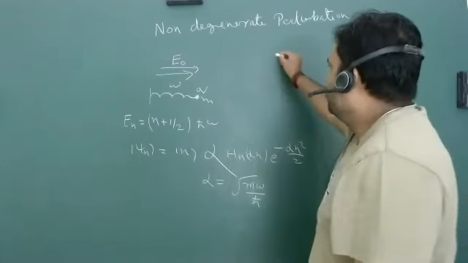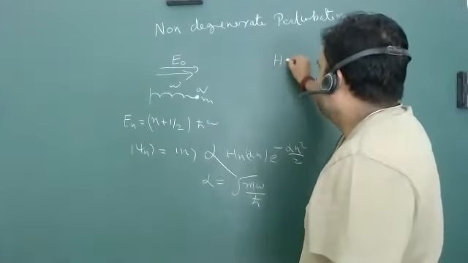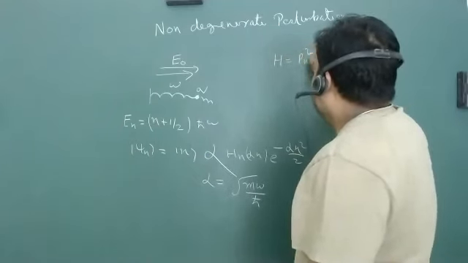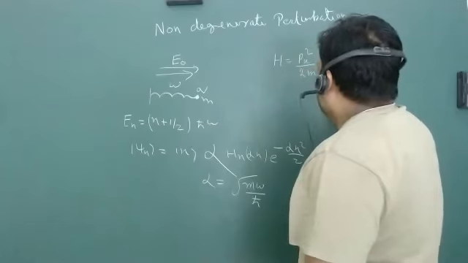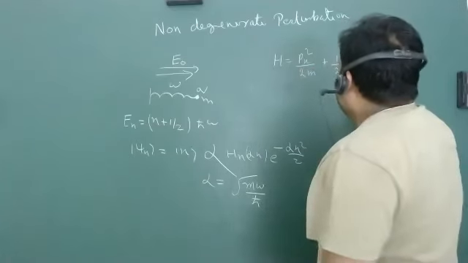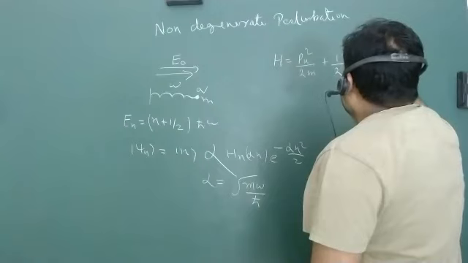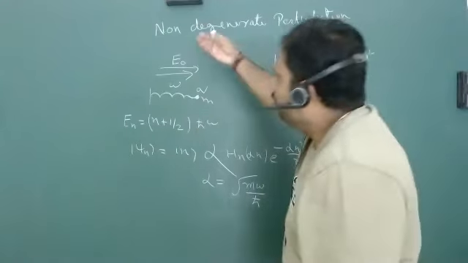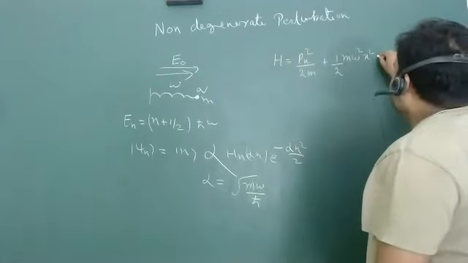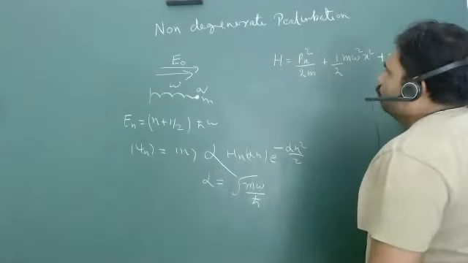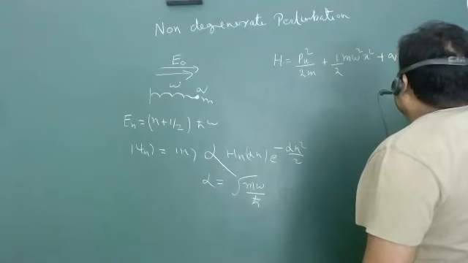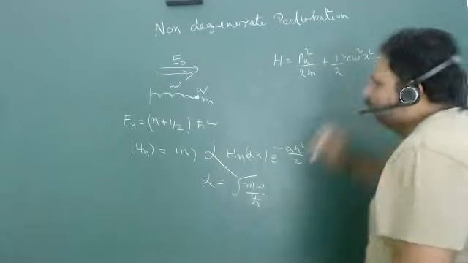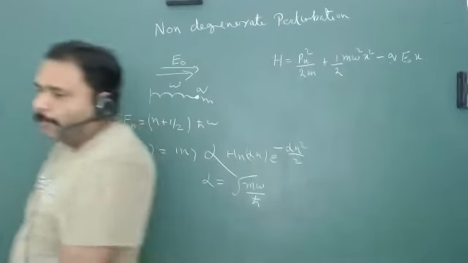So initially the Hamiltonian is H equal to px square upon 2m plus half m omega square x square. We have just put in an extra term, q E naught times x. If it is positive, then this will be a negative sign. So this is the extra term we are putting in this Hamiltonian.